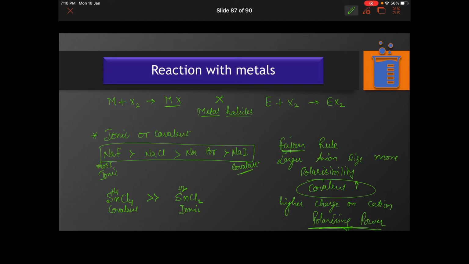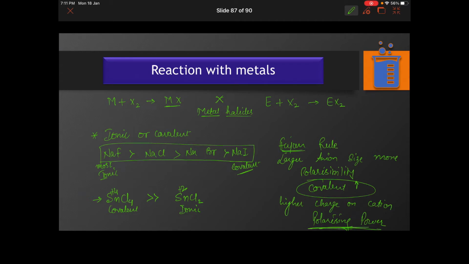So what you need to remember over here is that in case number 2, the metal halides in which the metal has the higher oxidation state will have more covalent character and which has lower oxidation state will have lesser covalent character.